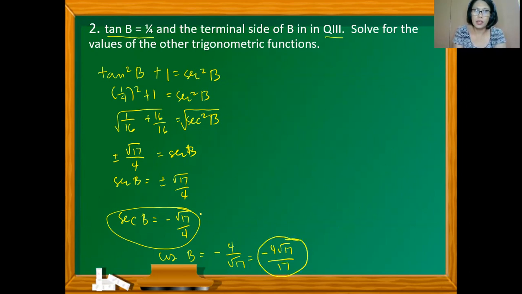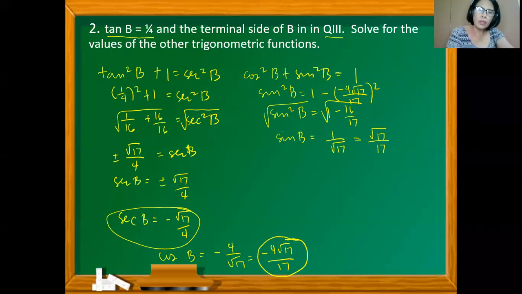Now, we can solve for sine B using another identity. Since we know the value of cosine B, we can solve for sine squared B by working on this Pythagorean identity. So, transposing cosine squared B to the other side and substituting the value of cosine here, we have sine squared B equals 1 minus quantity negative 4 square root of 17 all over 17 squared.